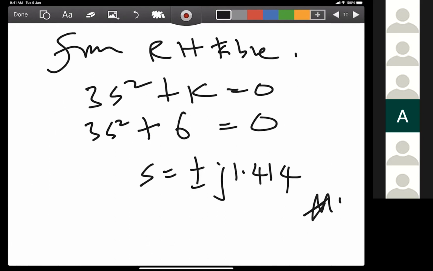Yes, we have two ways. One is by observations and one is by calculations. If you see the equation 3s squared plus 6, this one comes from the Routh table, and this is K critical.